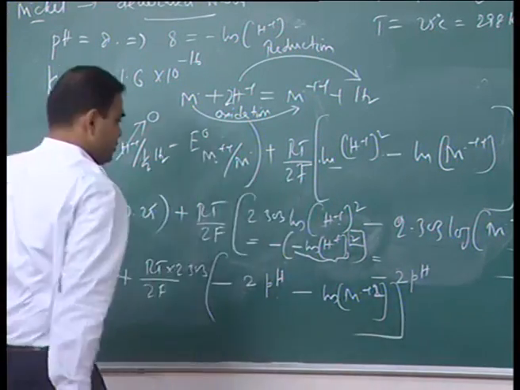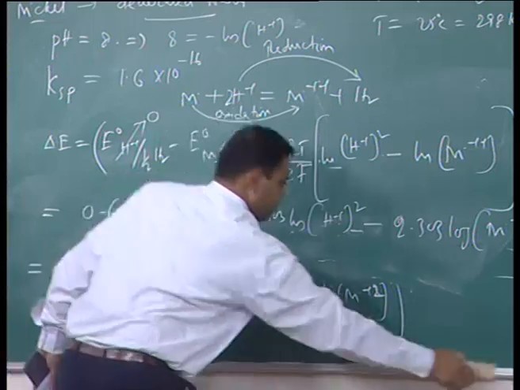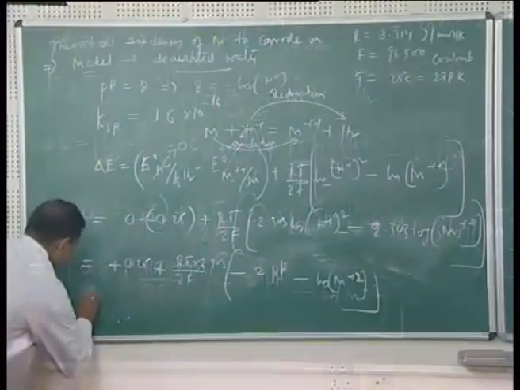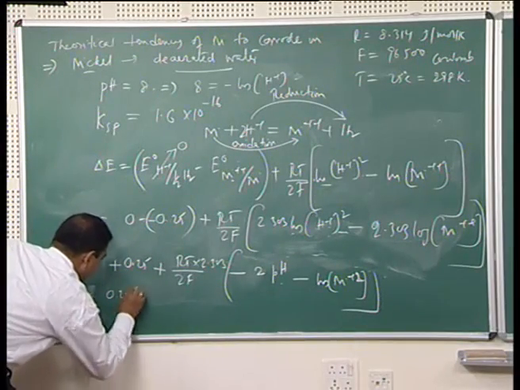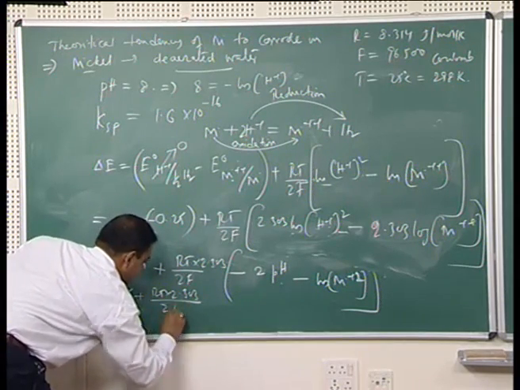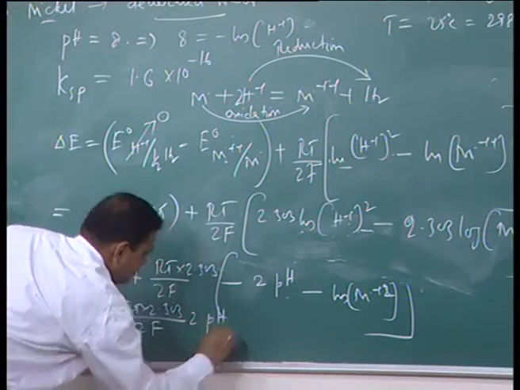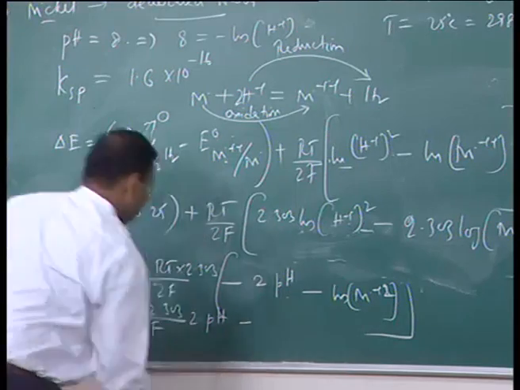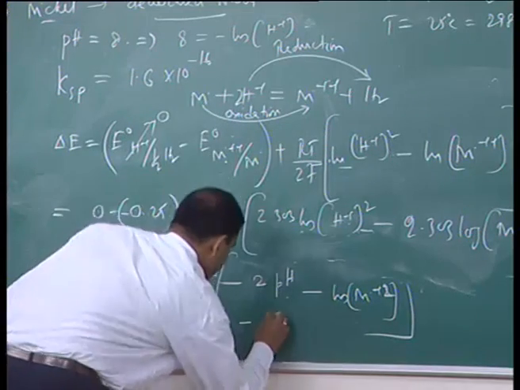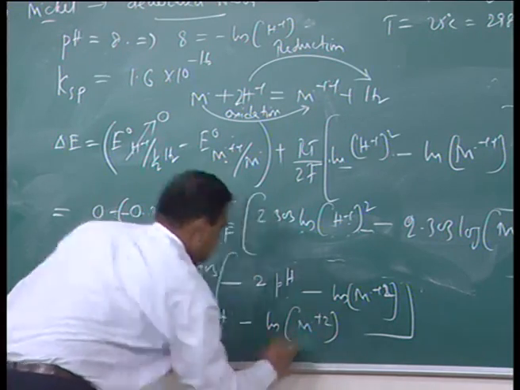So I can have this formula. Once you have it, simplify again: 0.25 plus RT into 2.303 by 2F, minus 2 pH, minus log of Ni2+.